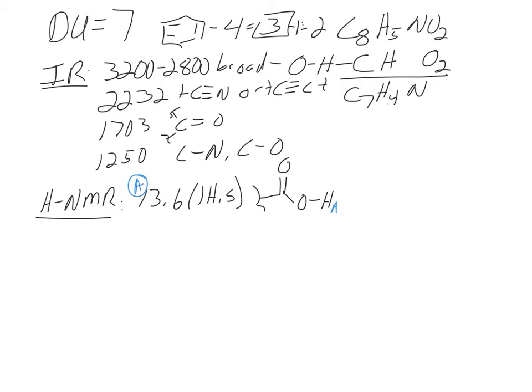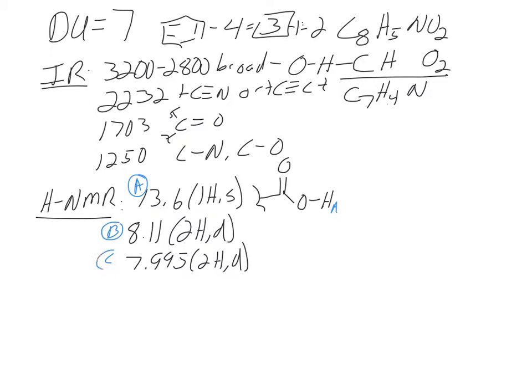Good. Let's go to the next peaks. The next peaks we have are 8.11, worth 2 H's, a doublet, and 7.995, 2 H's, and a doublet. So presumably, if we label these B and C, they have to be what?